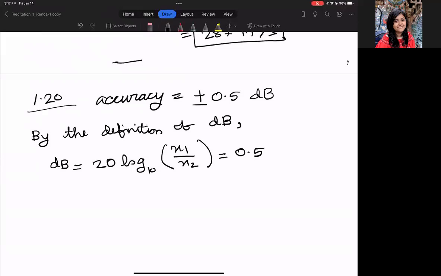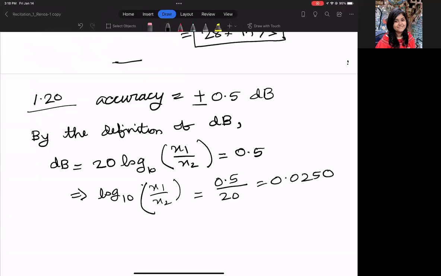So we can write that log 10 x1 by x2 is equivalent to 0.5 by 20, which is equal to 0.0250.